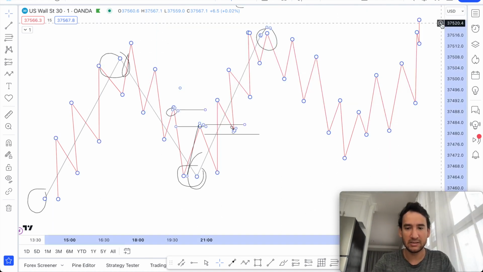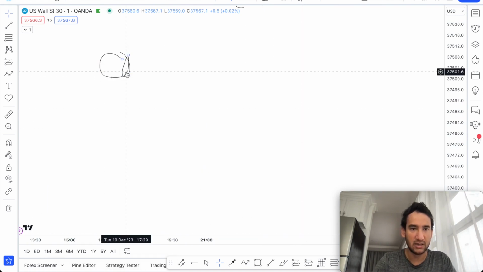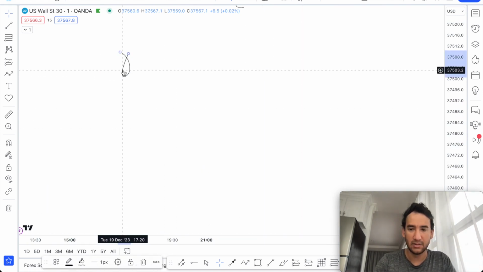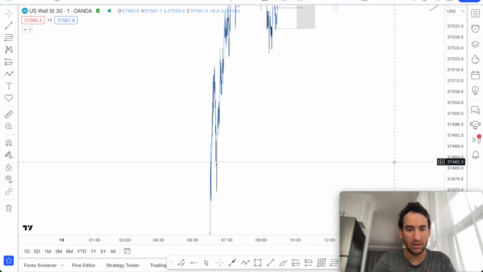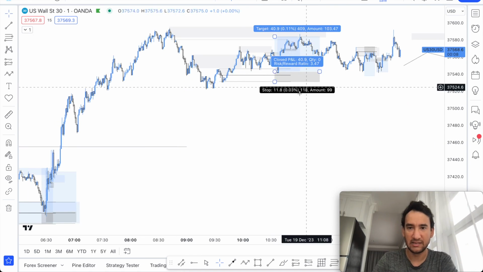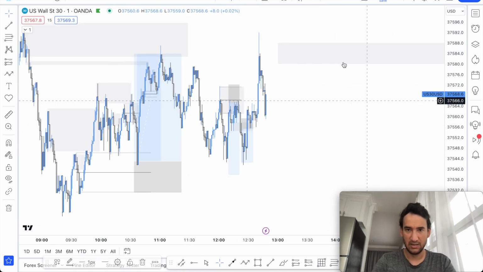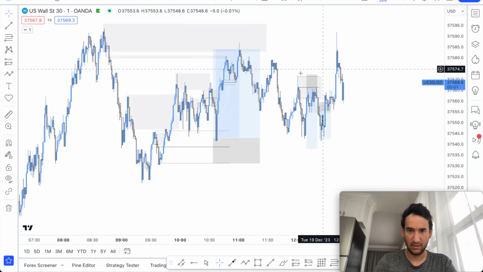Let me delete this, and let's go through some live examples so I can show you guys what happened. I think on these trades right here, actually, right over here. Okay, so let's talk about these, because these are the trades I've taken today so far. Let me delete this here, and this will be kind of quick.